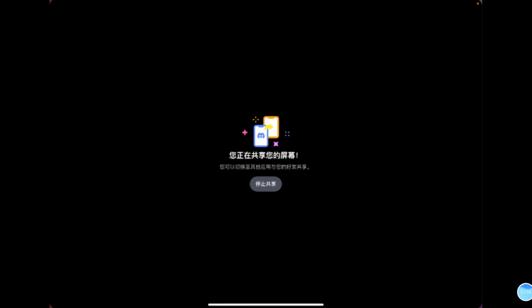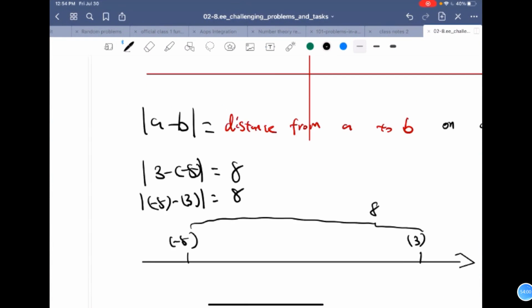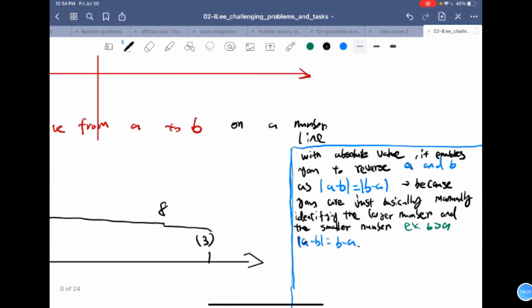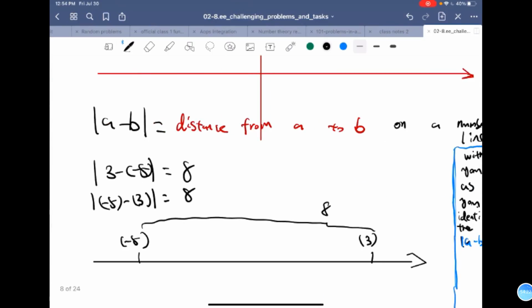If you think about it on a number line, you're counting the distance, because you're subtracting the smaller number from the bigger number. In this process, you're just finding the distance, right? And vice versa, you cannot subtract 3 from -5, or else you get -8. However, distance has to be a positive number, right? So just think about it.